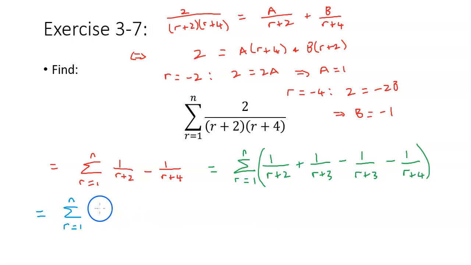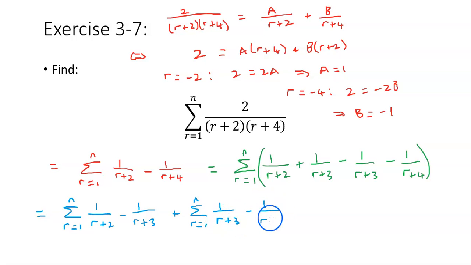So I can go 1 divided by (r plus 2) minus 1 divided by (r plus 3), and then plus the sum from r equals 1 to n of 1 divided by (r plus 3) minus 1 divided by (r plus 4). And now we can use the method of differences on them separately.